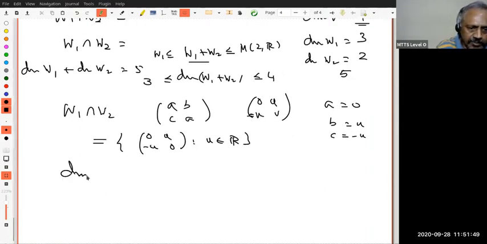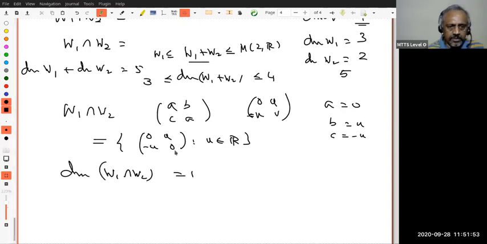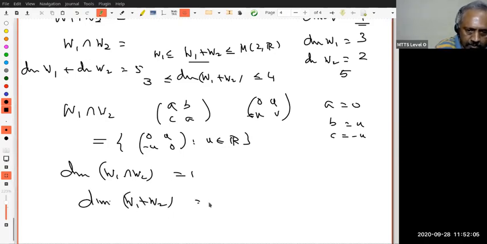Therefore, what is the dimension of W1 intersection W2? Any element requires only one coordinate, namely one real number. So the dimension of W1 intersection W2 is 1. Now let's plug into the dimension formula. The dimension of W1 plus W2 equals the dimension of W1 plus the dimension of W2 minus the dimension of W1 intersection W2.